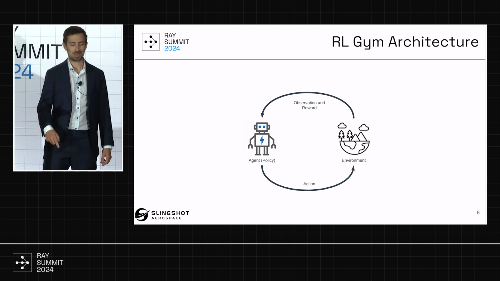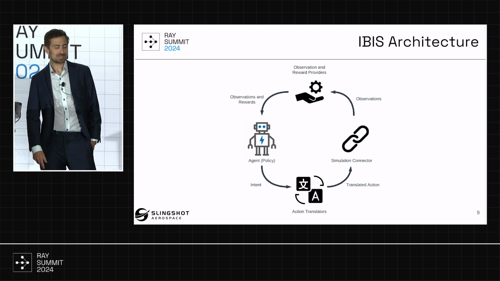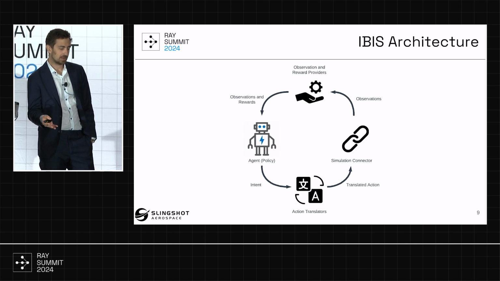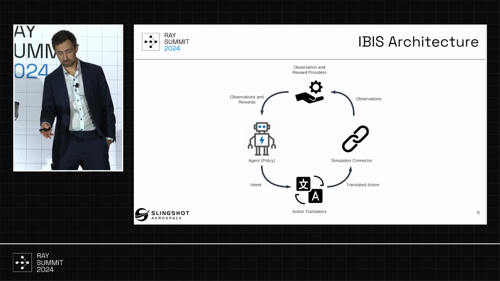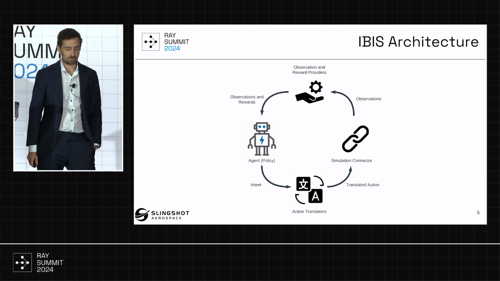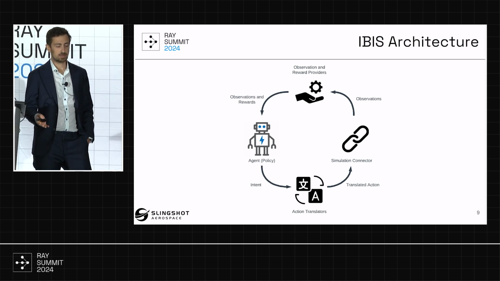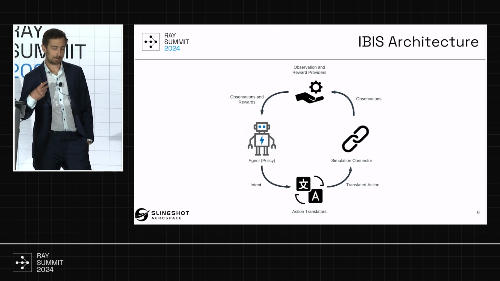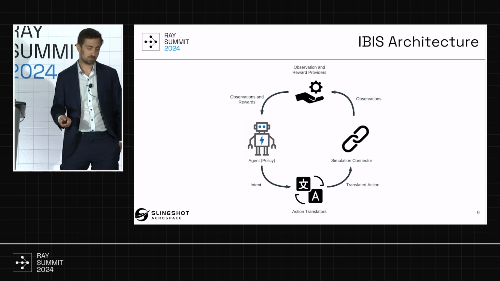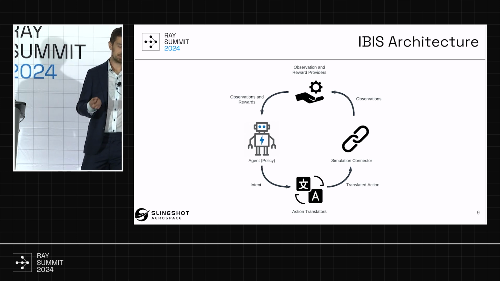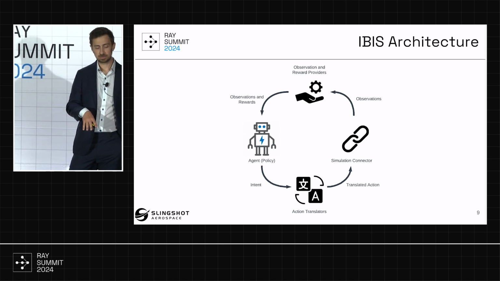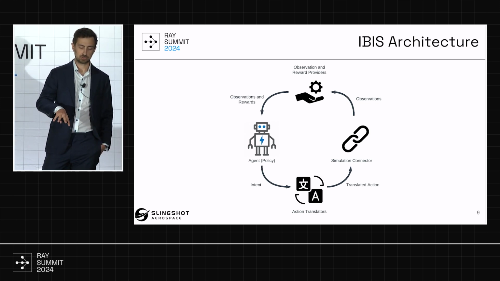Well, I'll move on. So we have created this architecture where we have environment outputs that are interpreted by our observation and reward providers. And the agent actually produces intents, which can then be translated by the action translators.